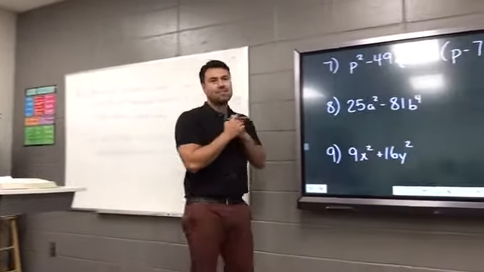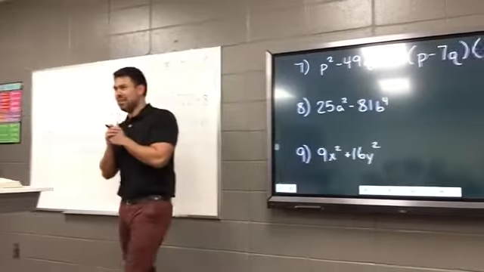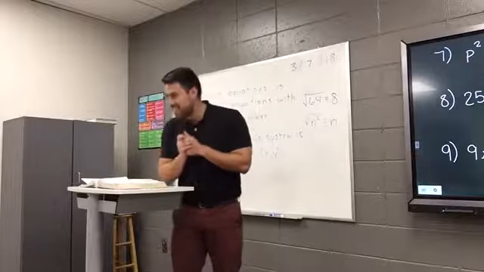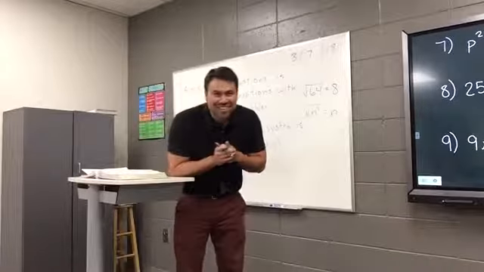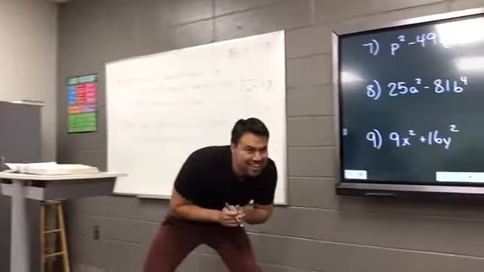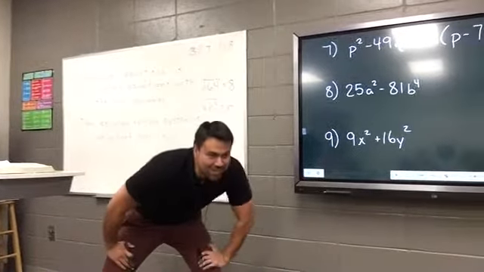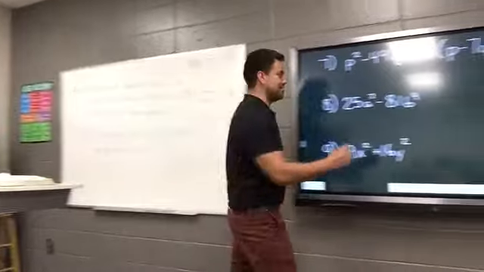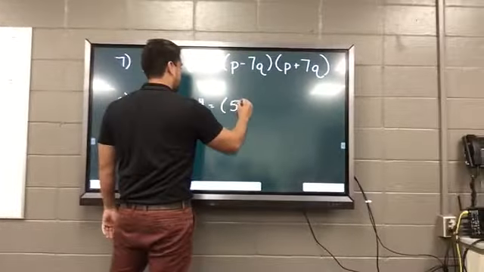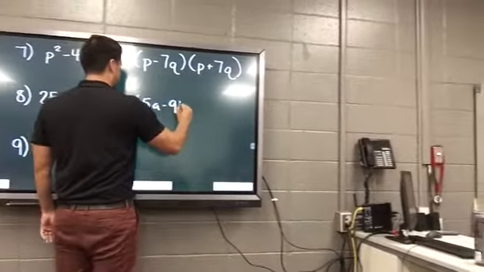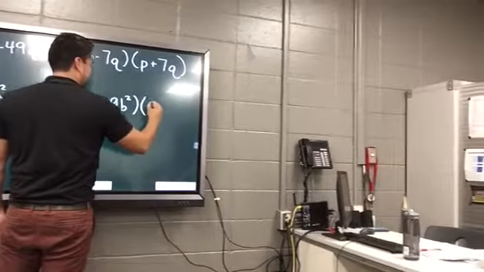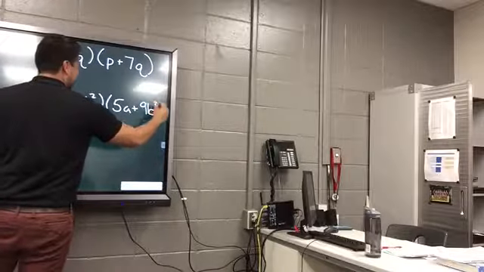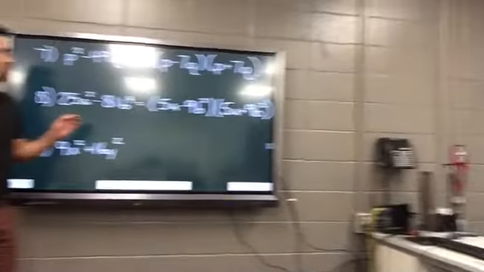Okay, next volunteer is going to be Vivian. This one is 5a minus 9b squared, and then same thing except plus. Okay, how many of you got that?